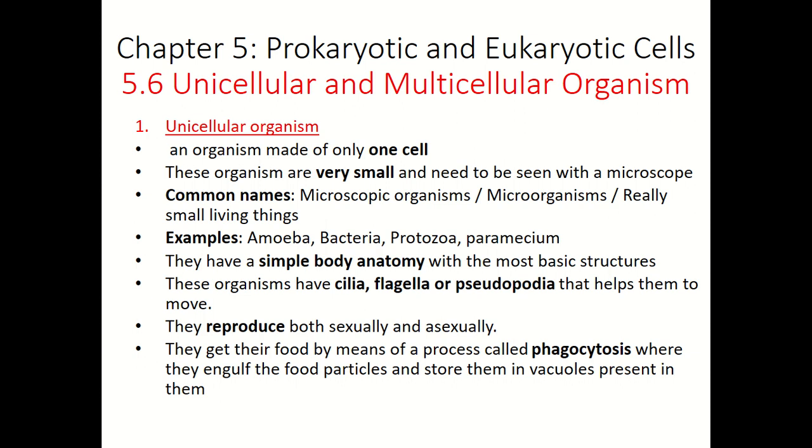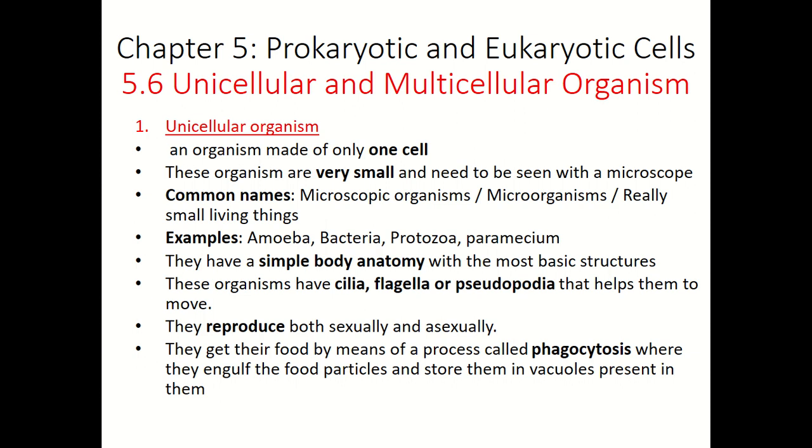And due to the small size of the organism and being made up of only one cell, they have a very simple body anatomy with the most basic structure. These organisms have cilia, flagella, and pseudopodia that help them to move.